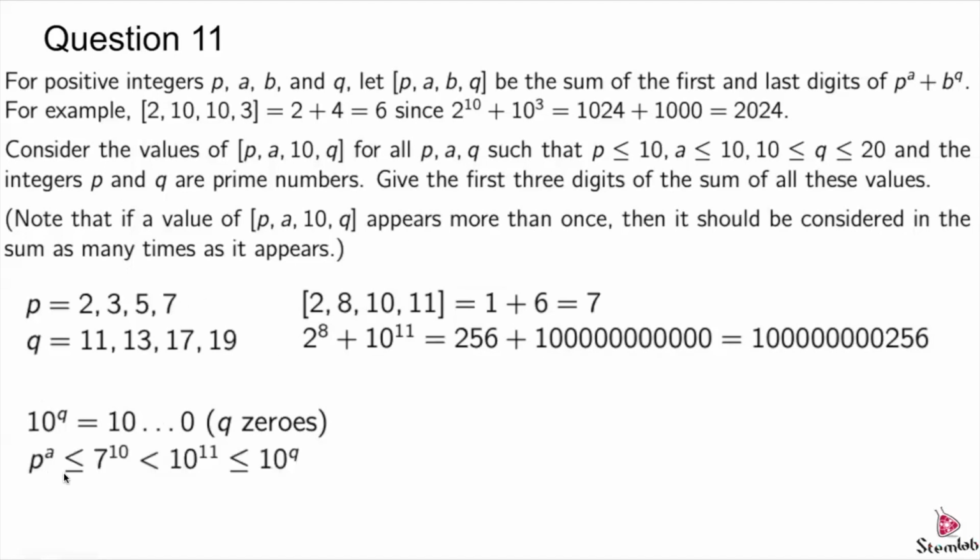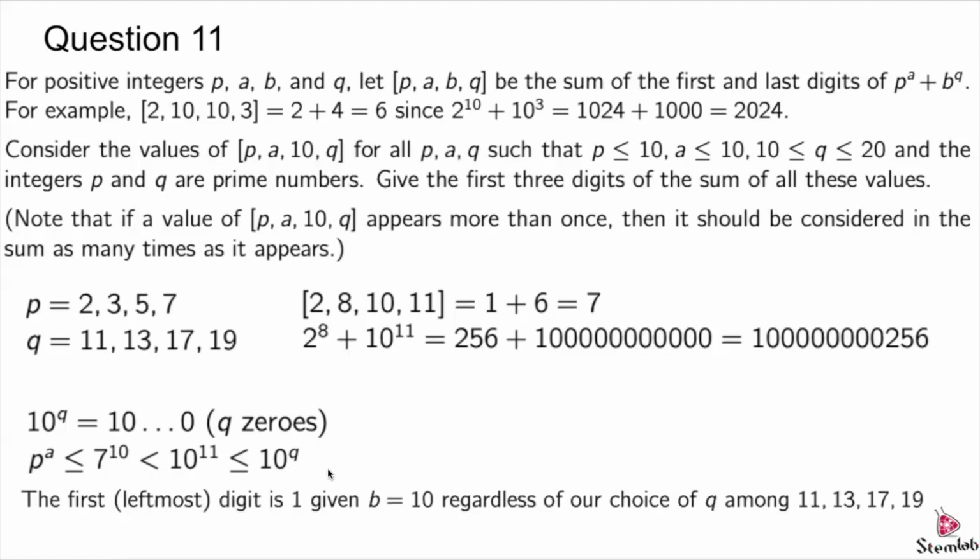So we know for a fact that the upper bound of P to the A, 7 to the 10, is strictly less than 10 to the 11, which is the minimum value of 10 to the Q. This implies that the leftmost digit of P to the A plus B to the Q, given the constraints, should always be 1. It doesn't matter what Q we choose, and it doesn't matter what P or A we choose.